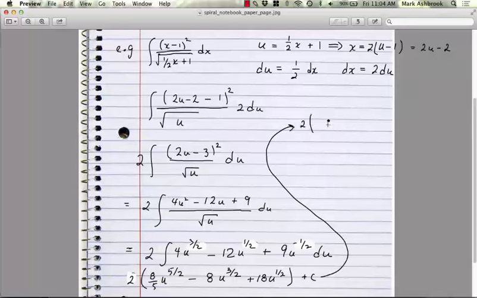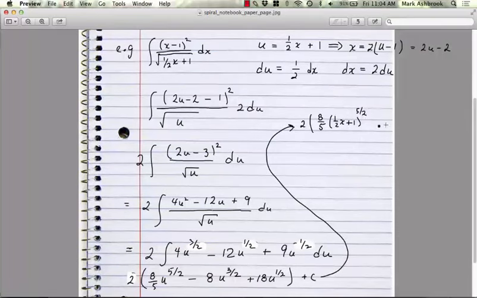So it should be 8/5 times 1/2 x plus 1 to the 5/2.